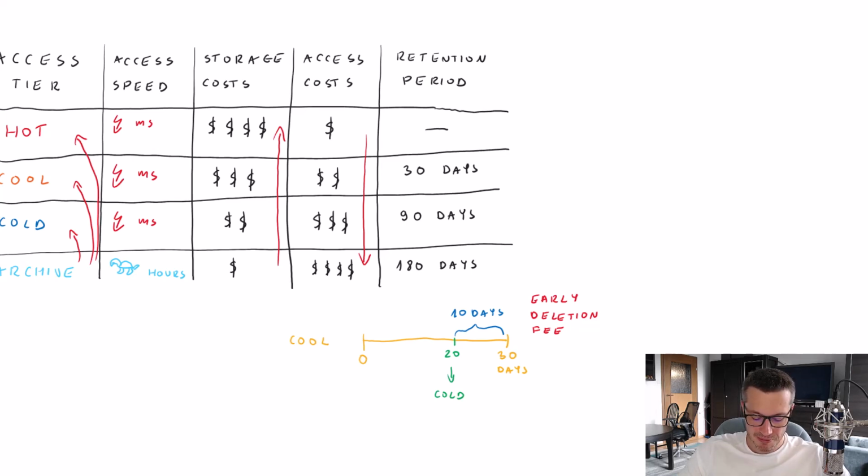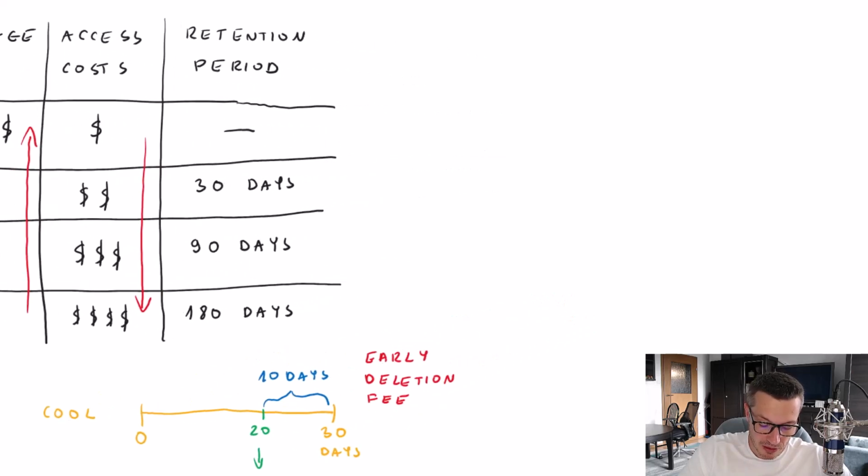Again, when we think about usage of our data, maybe we would like to have it like this. So when we upload new file, we would like to store it by default in the hot access tier, because most likely at the beginning of its life cycle, it will be used very often.